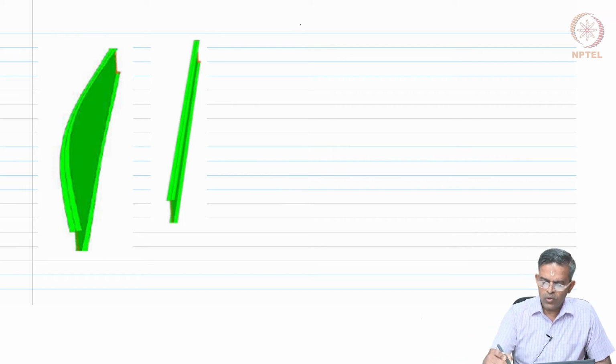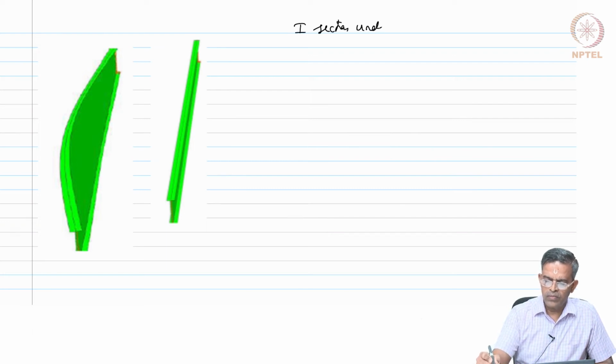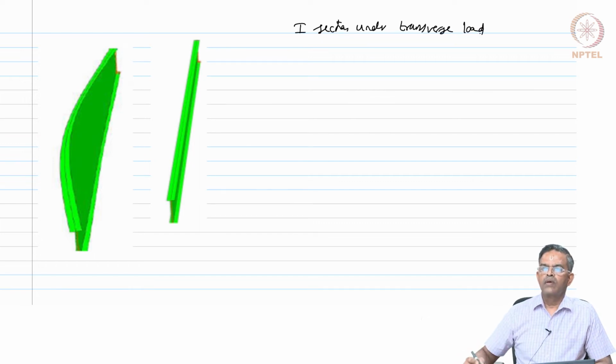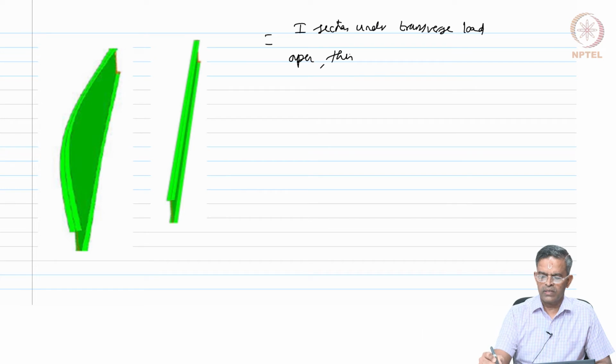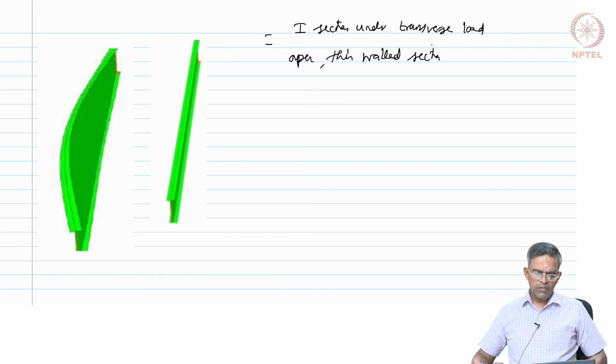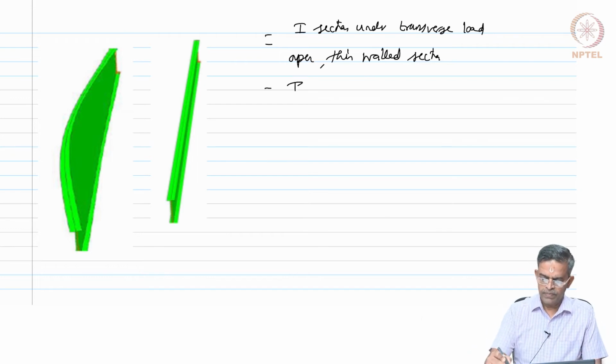So, now the figure shows you an I section under transverse load. This is a classical case of open thin walled section. The top flange of the beam is in compression.